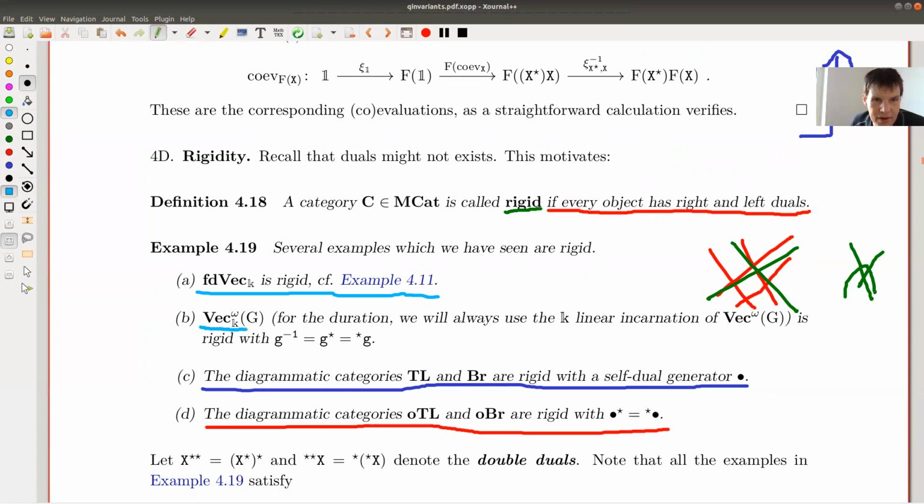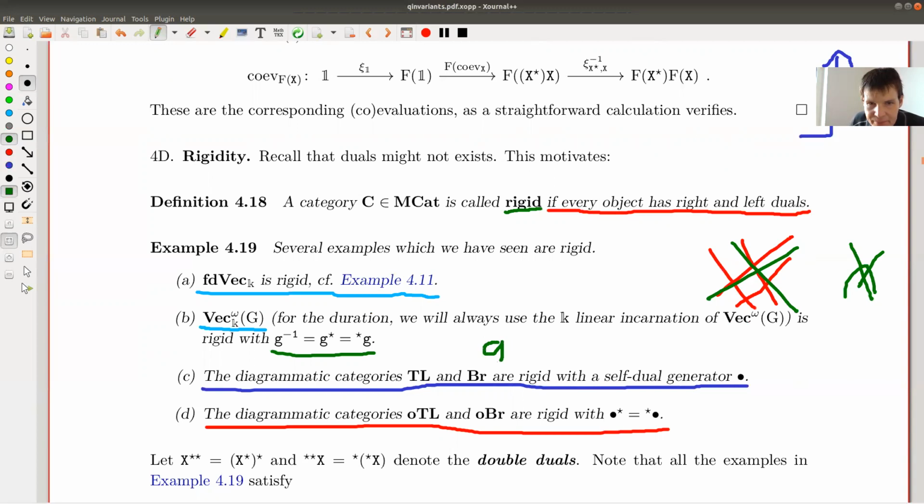And of course my favorite toy example, like G-graded vector spaces. And the dual is always the inverse. Which in my Z2 example is a bit boring because everything is kind of self-inverse. But in general, the dual is the inverse in G-graded vector spaces. And how can you see this?